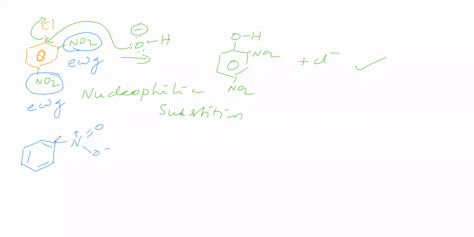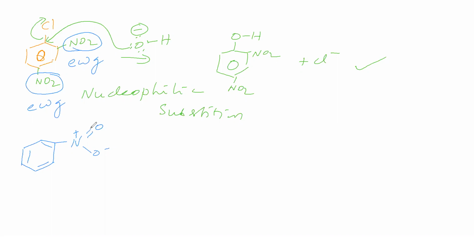So this nitrogen acts as an electron withdrawing group. It pulls the sigma bonding electron cloud towards itself, therefore it shows the minus I effect. This carbon shows the plus I effect.